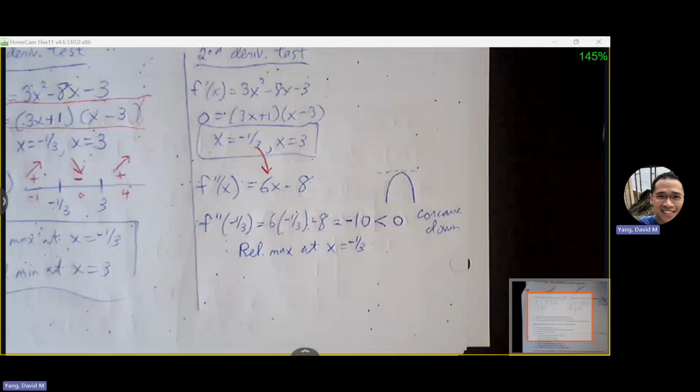I had a question. I was confused with how the f double prime graph comes down to the x-axis at x equals 3. I'm confused about the relationship between this and this. Because at this point, there's a change in concavity, so that must be a function. Because I'm looking for slope 0.